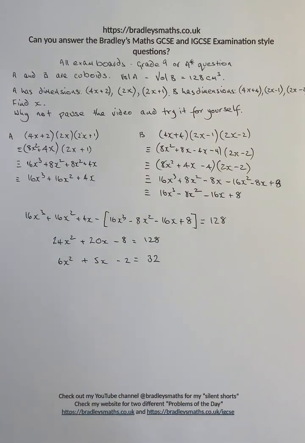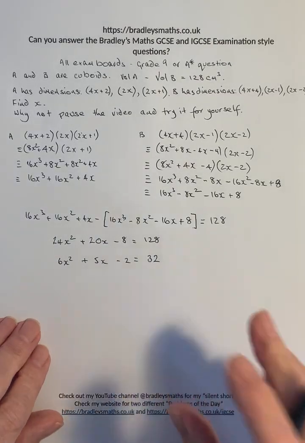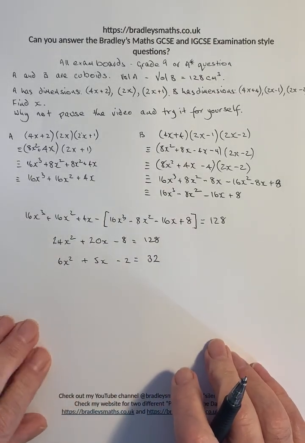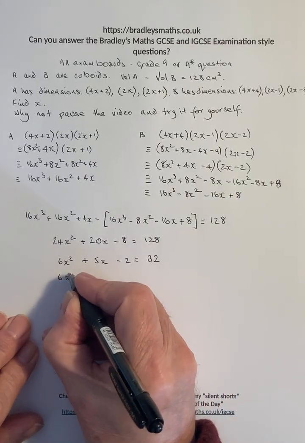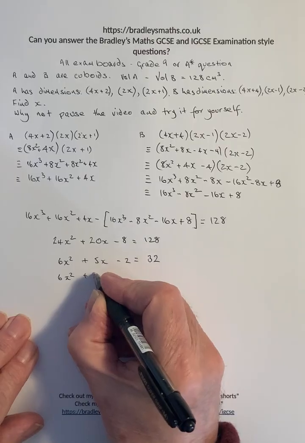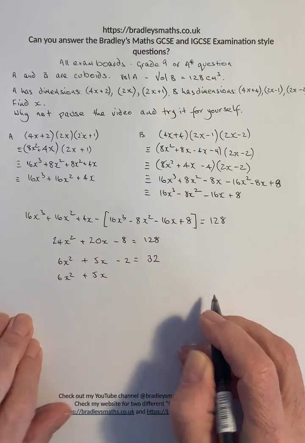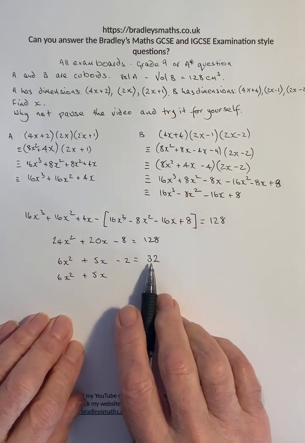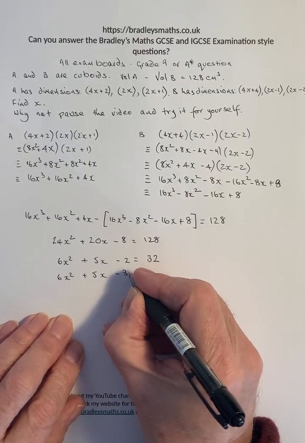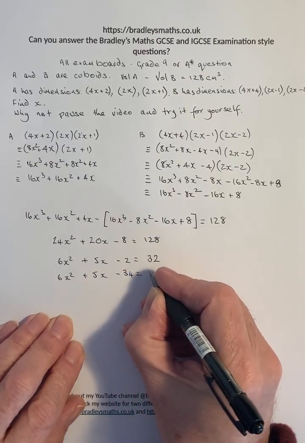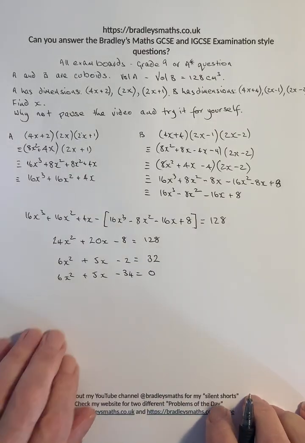Okay. Just like all quadratics, we gather everything on the left hand side and have 0 on the right hand side. So we have 6x squared plus 5x minus 2 minus 32, which is minus 34, equals 0.